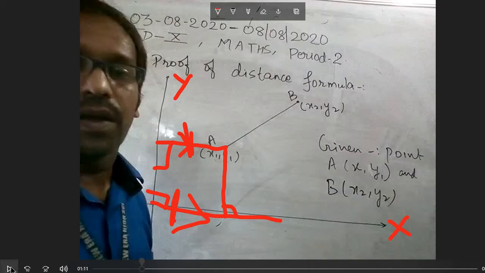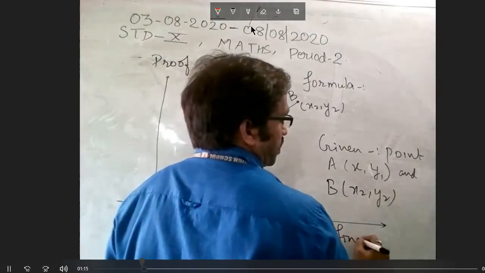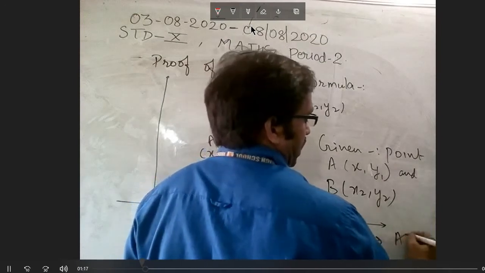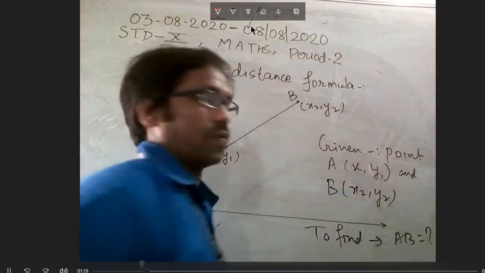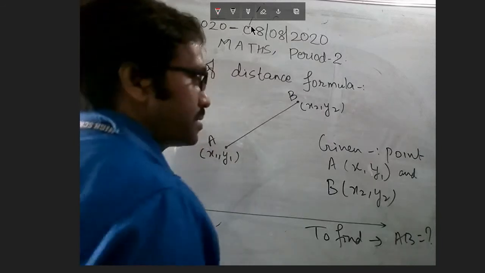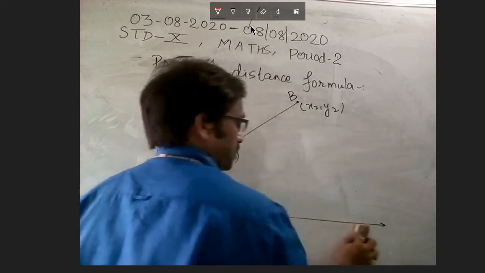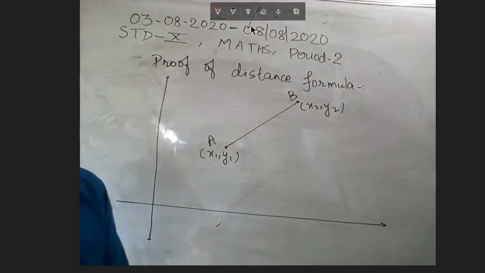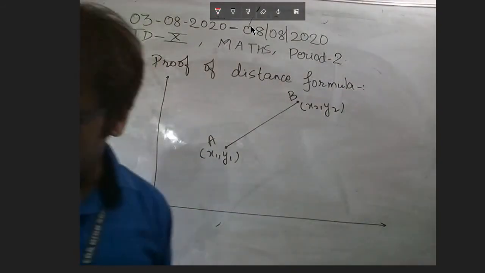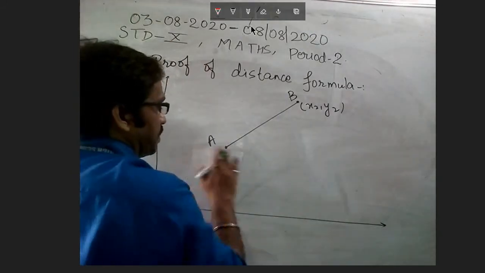Let us see that. We have to find AB. AB is the length of the line. Okay, AB is the distance of the line. So we have given x1, y1.